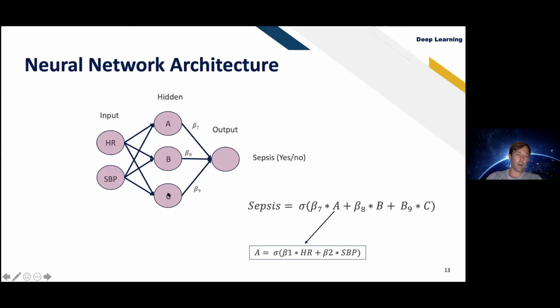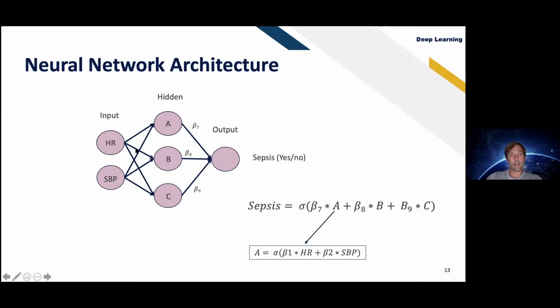And in modern deep learning networks, these hidden layers can be hundreds of layers deep, and the nodes within the individual layers can be in the thousands or millions. So they can be very, very wide and very deep. But just for simplicity's sake, I included just one hidden layer here.